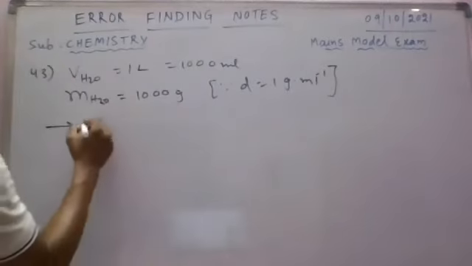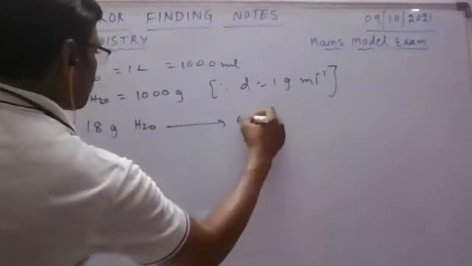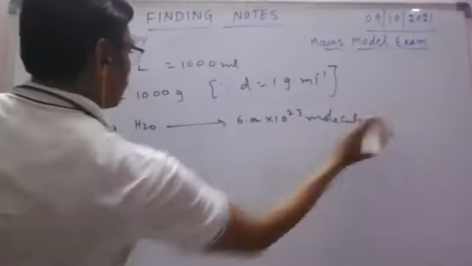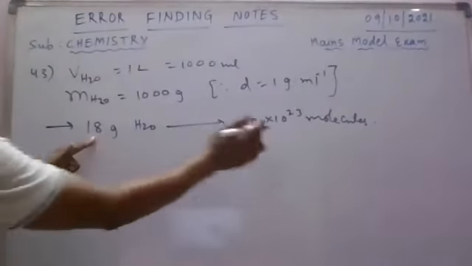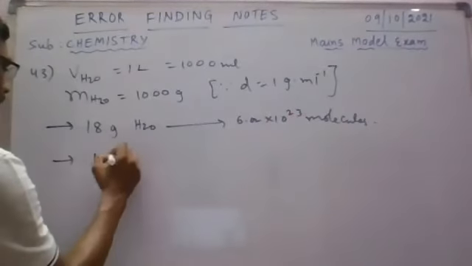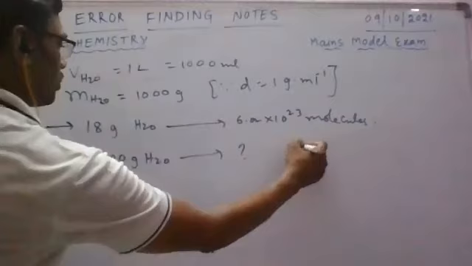The question is about molecules. So 18 grams of H2O contain 6.02 into 10 to the power 23 molecules, the Avogadro number. Molecular mass contains Avogadro number of molecules. The given mass is 1000 grams of H2O, so how many molecules?